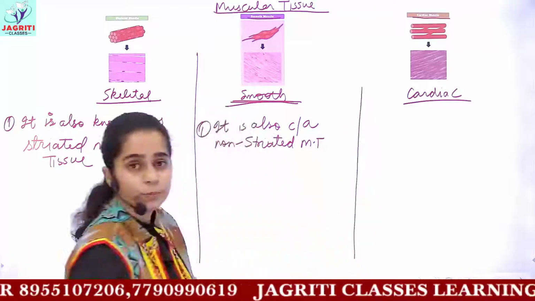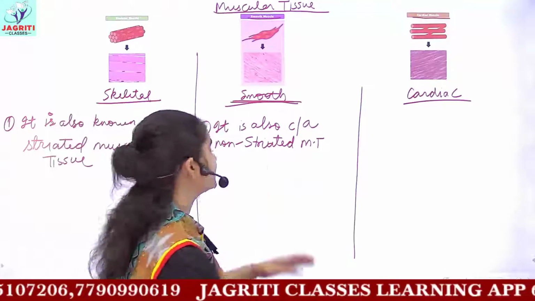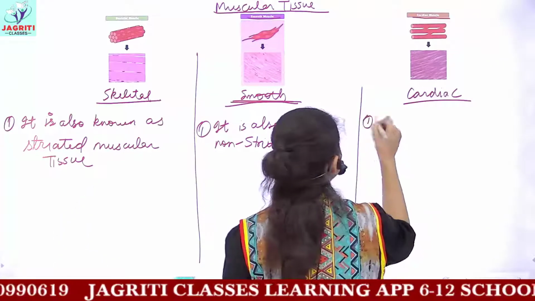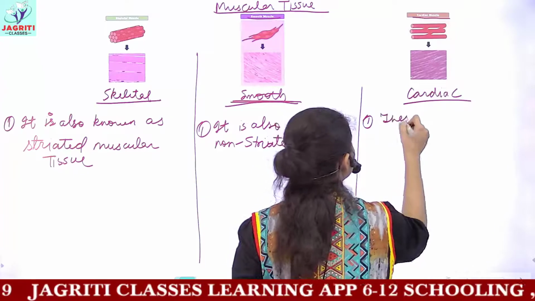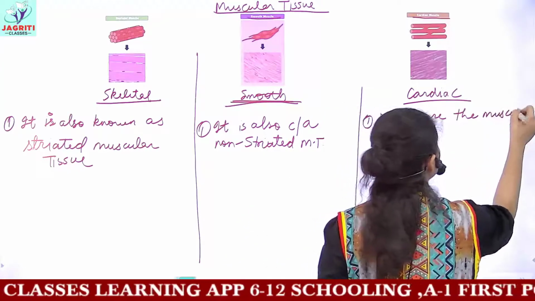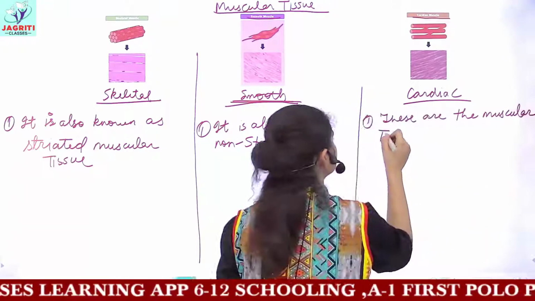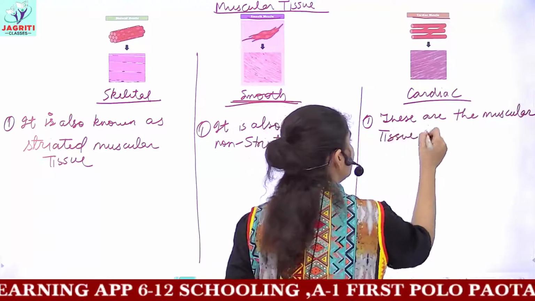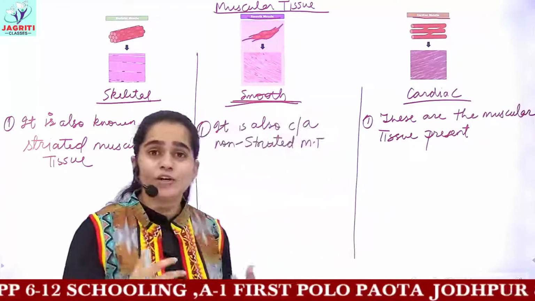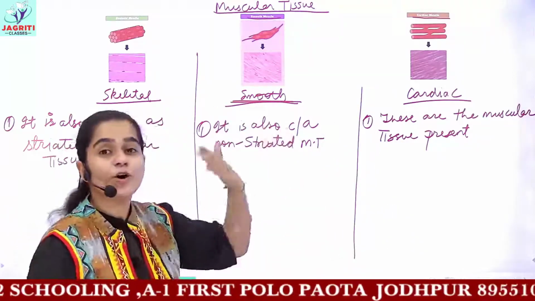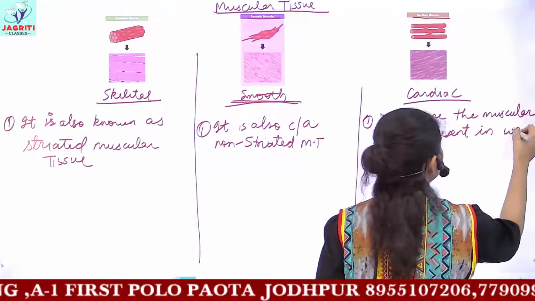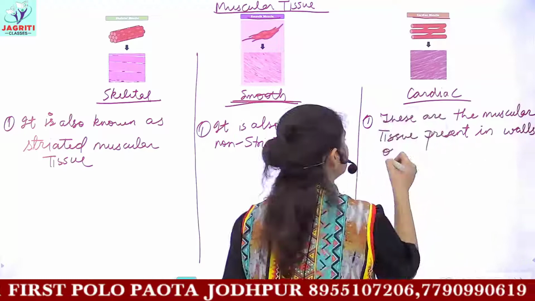The next one would be cardiac. Cardiac is a kind of smooth muscular tissue, and these are the muscular tissue present in the heart. Where in the heart? In the walls of the heart. So these are the muscular tissue present in the walls of the heart.